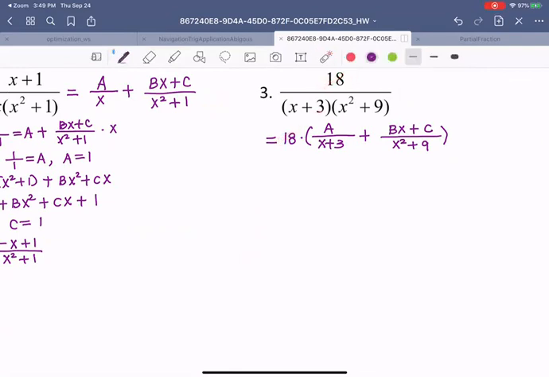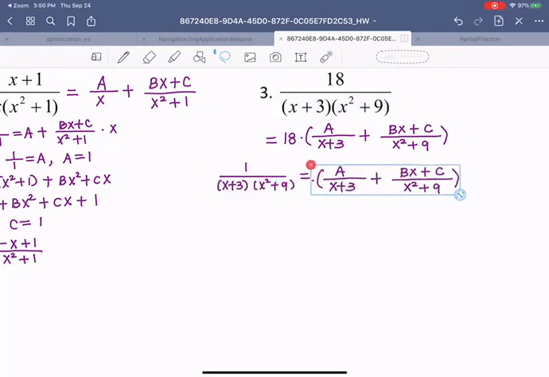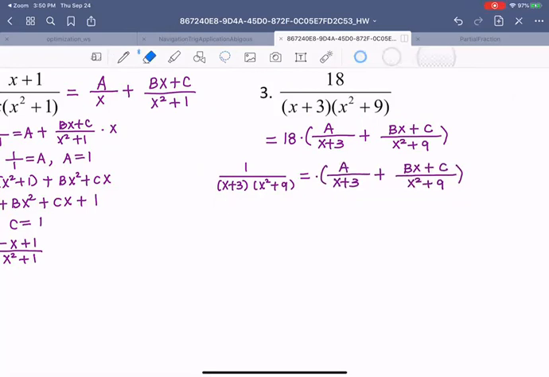So that means 1 over... Now I'm going to times x plus 3 for each term.